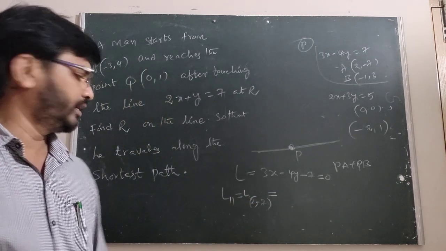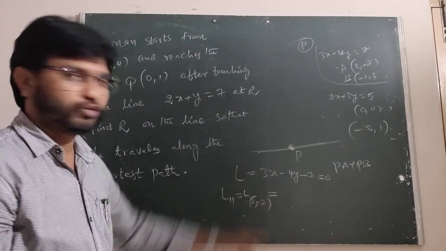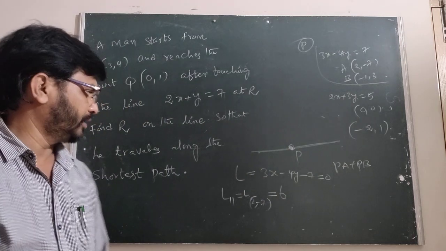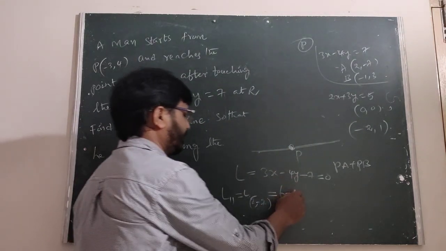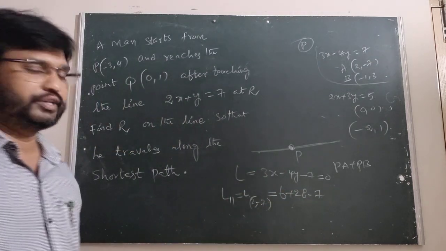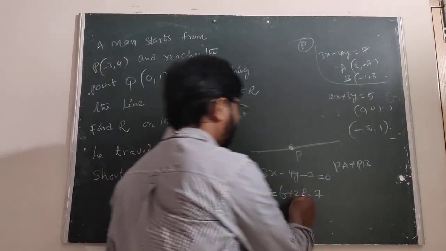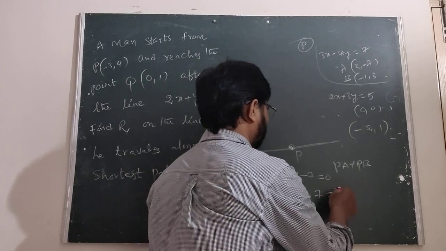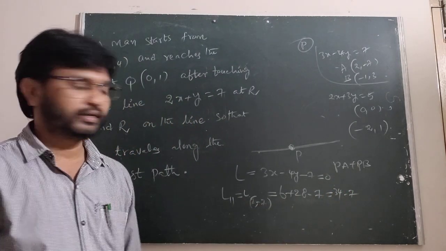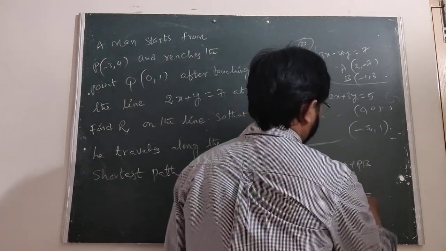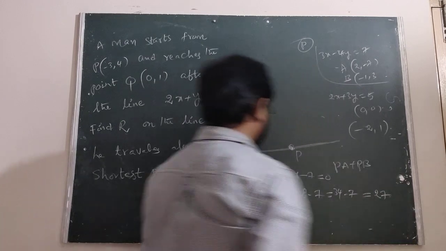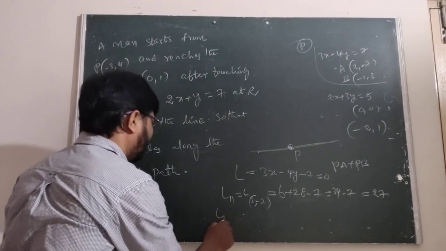Substituting x equal to 2 and y equal to minus 7: 6 plus 28 minus 7, which is 34 minus 7, that is 27. Is it okay? Now we have to find L22.